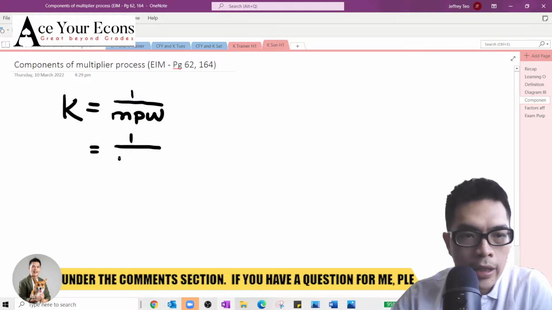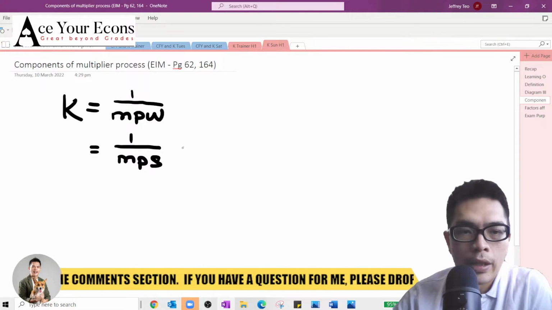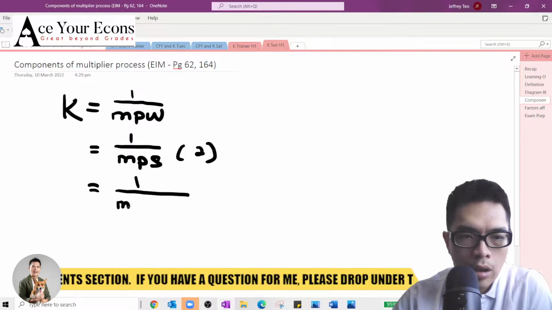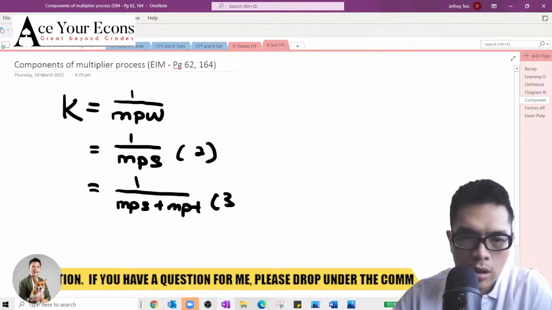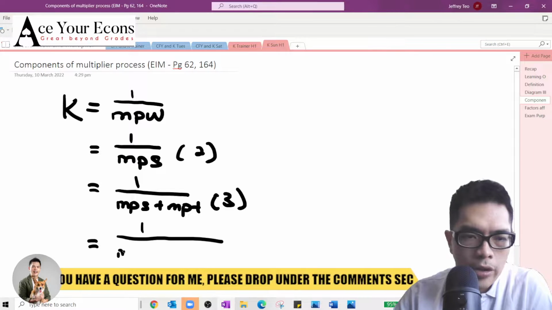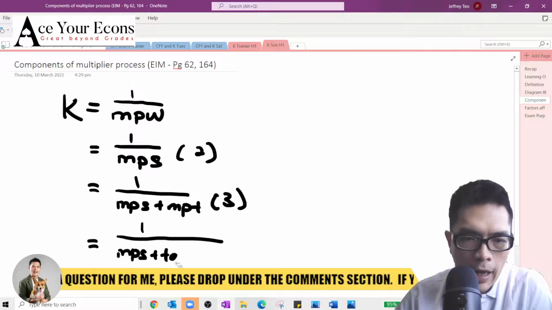In a two-sector economy, it will be the marginal propensity to save. In a three-sector economy, the marginal propensity to save and tax. And in a four-sector economy, the marginal propensity to save, tax, and import.